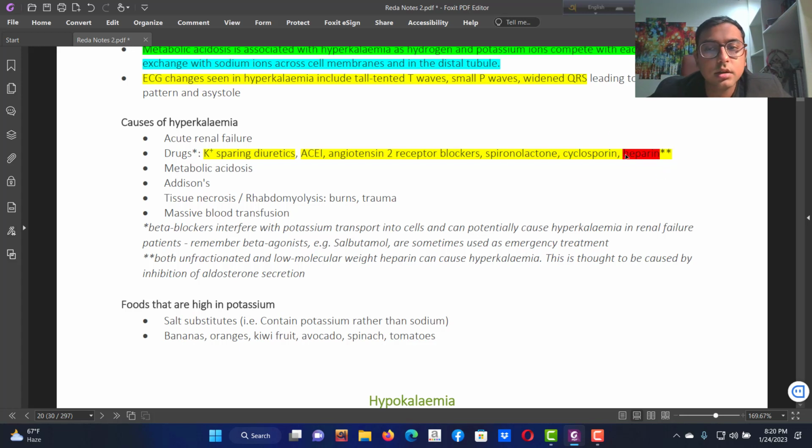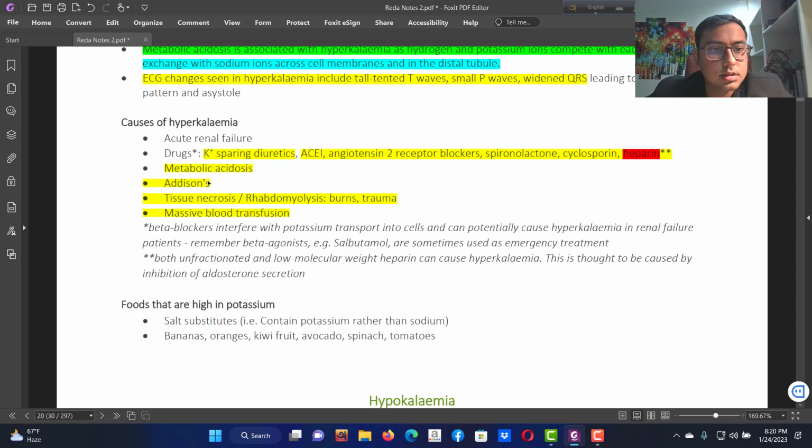Yes, heparin causes hyperkalemia. Remember, it is very important. Everybody will remember the others, but they will forget heparin. Heparin is asked, no matter what. Also metabolic acidosis and Addison's disease, which causes hyperkalemia. Another one of the important things.